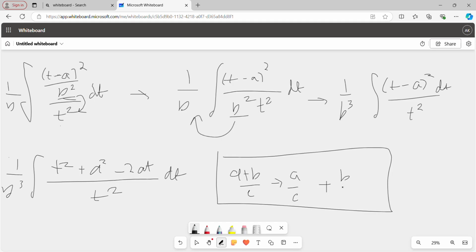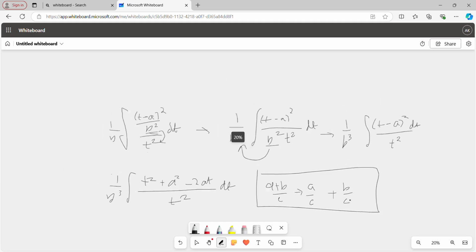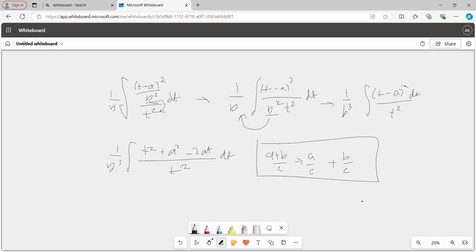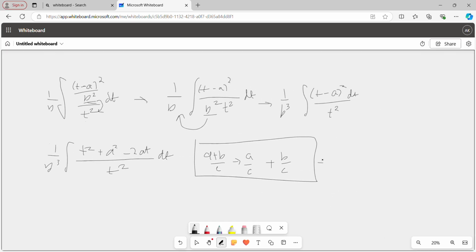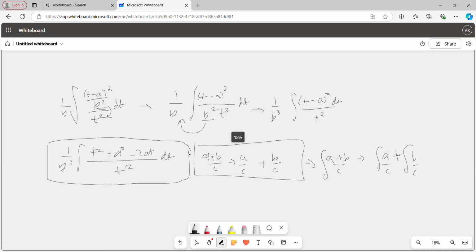And the same rule is applicable for integrals. So the integral of a plus b by c can be written as integral of a by c plus integral of b by c. I hope you get the idea. So let us solve this term. First try it out for yourself and check it with my answer.